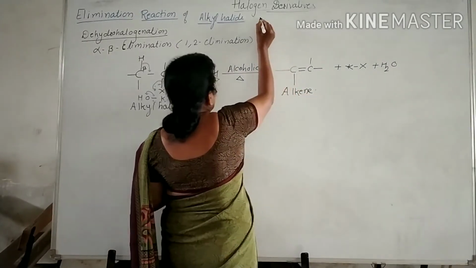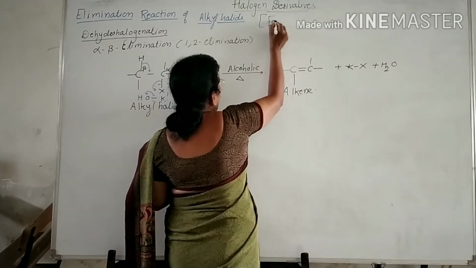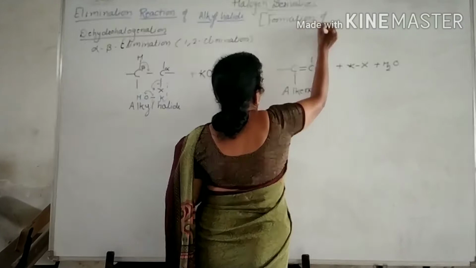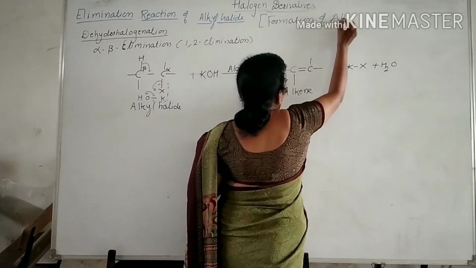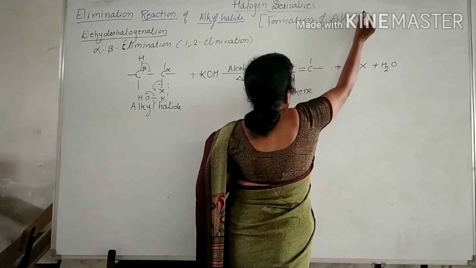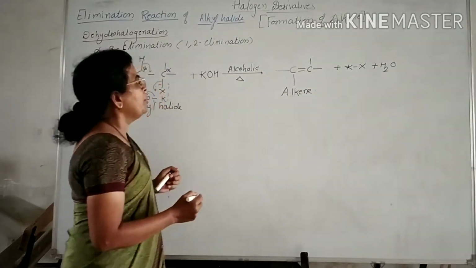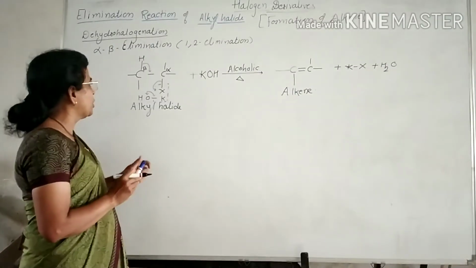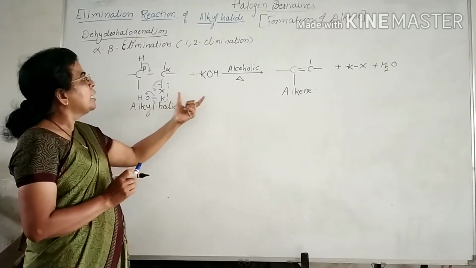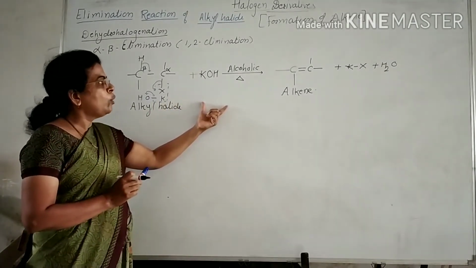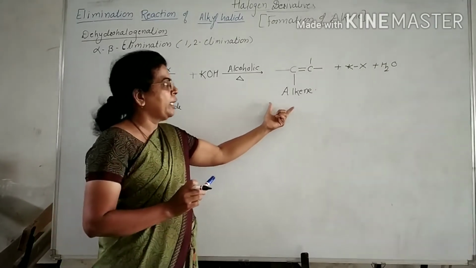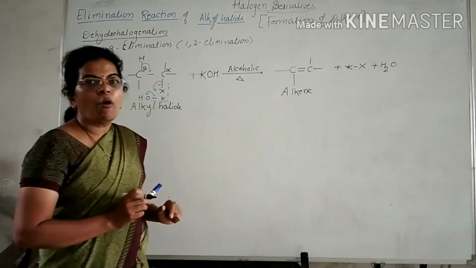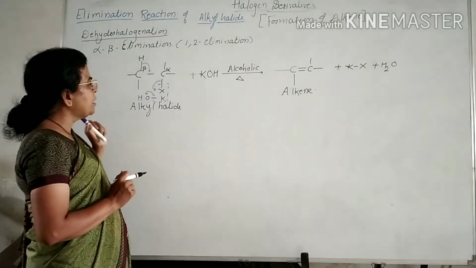Therefore, this reaction is also known as formation of alkene. Formation of alkenes takes place during dehydrohalogenation reaction. Here, alkyl halide is boiled with alcoholic KOH to give alkene, and potassium halide and water molecule are formed as byproducts. This is the general reaction.